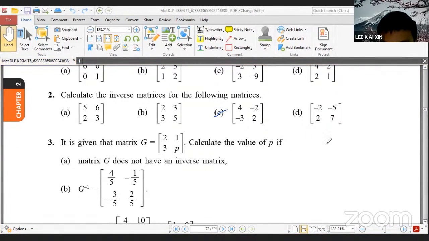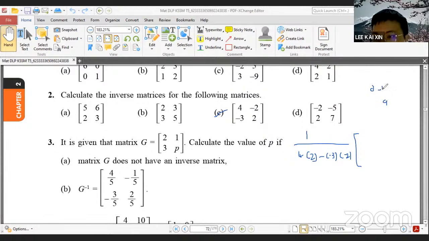So we just use 1 over AD minus BC, and then D, negative B, negative C, and A. Like your A is 4, your D is 2.